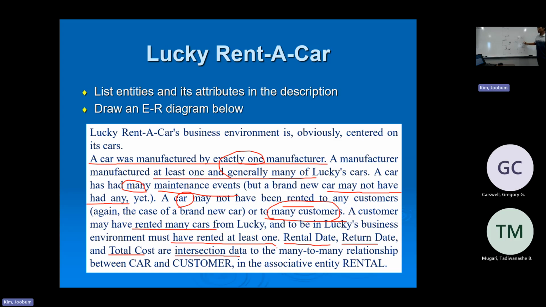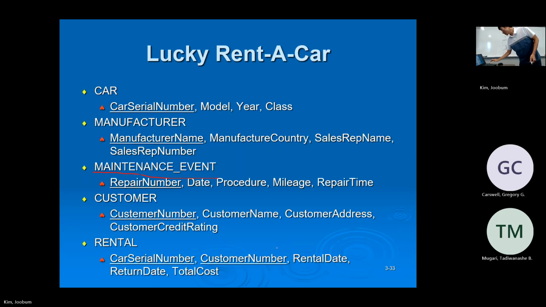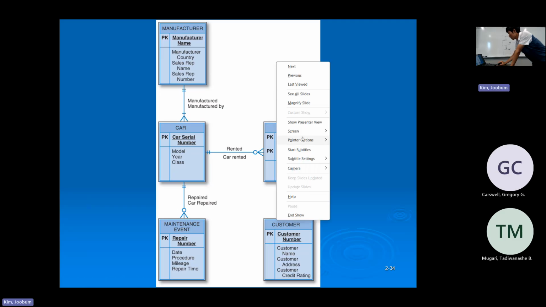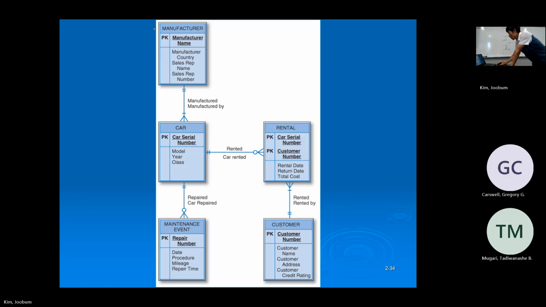Okay, so this is an ER diagram of this description. So finally, we are able to get this kind of ER diagram. But there is no foreign key; it just shows the relations, the entities here: manufacturer, car, event, rental, customer.